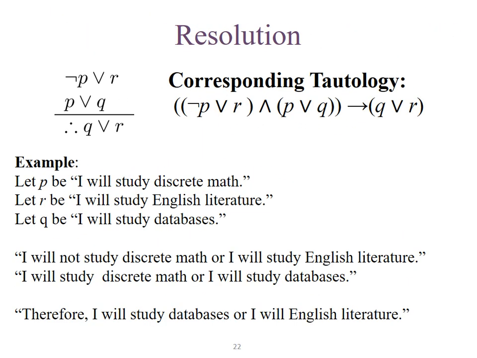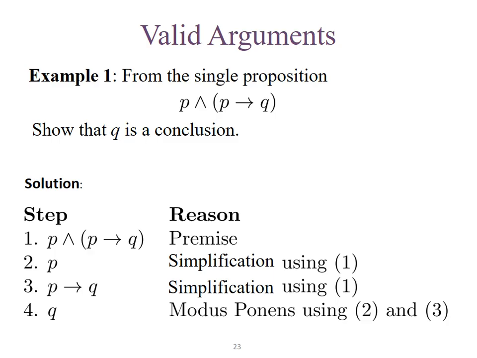All right, next let's see one simple example. From the given premise, show that Q is the conclusion. So in this example, we have only one premise, P and (P implies Q). So we assume this is true, and we need to prove that the conclusion Q is also true.